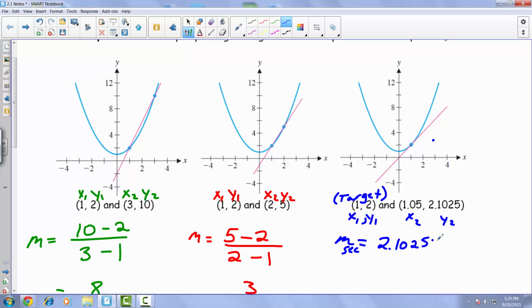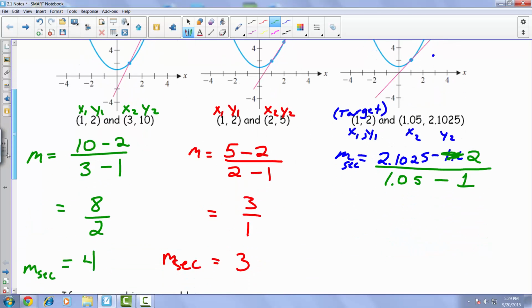We end up with 2.1025 minus 1. Oops, we actually have minus 2, all over our x2, 1.05, minus our x1, 1.